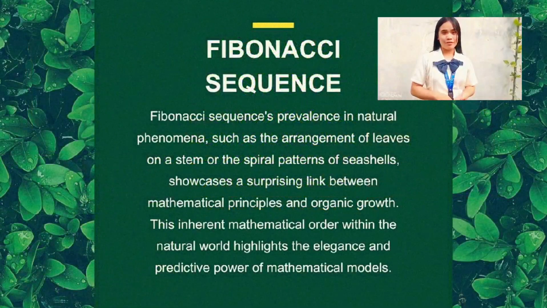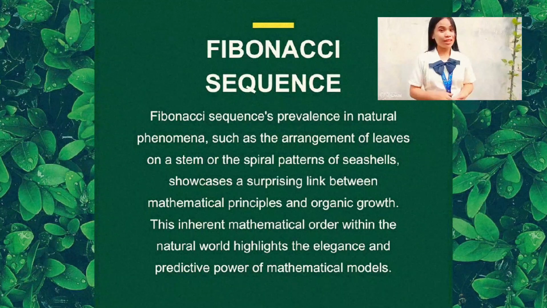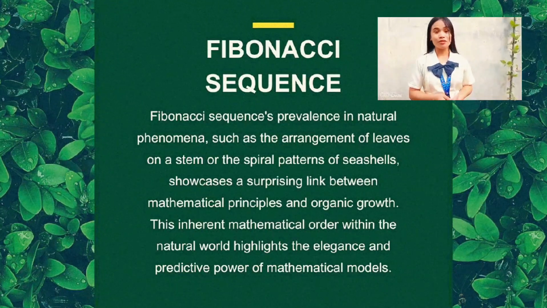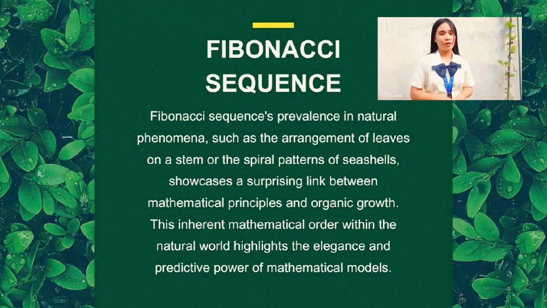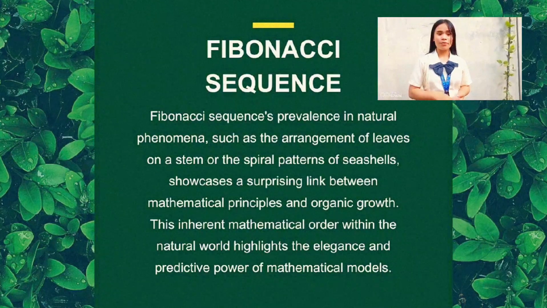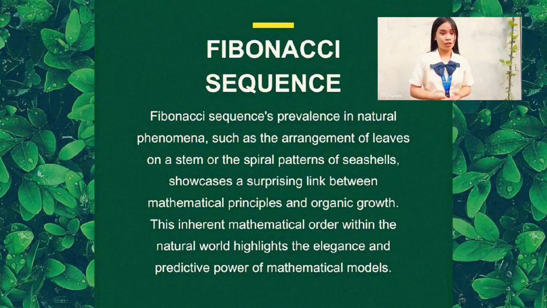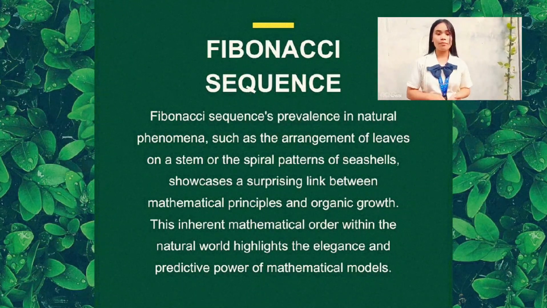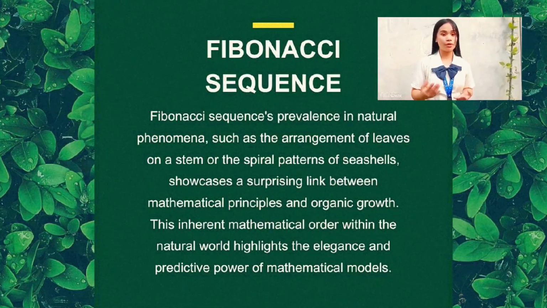What is the Fibonacci sequence? The Fibonacci sequence is a natural phenomenon such as the arrangement of leaves and the spiral pattern of seashells. It showcases a surprising link between mathematical principles and organic growth.